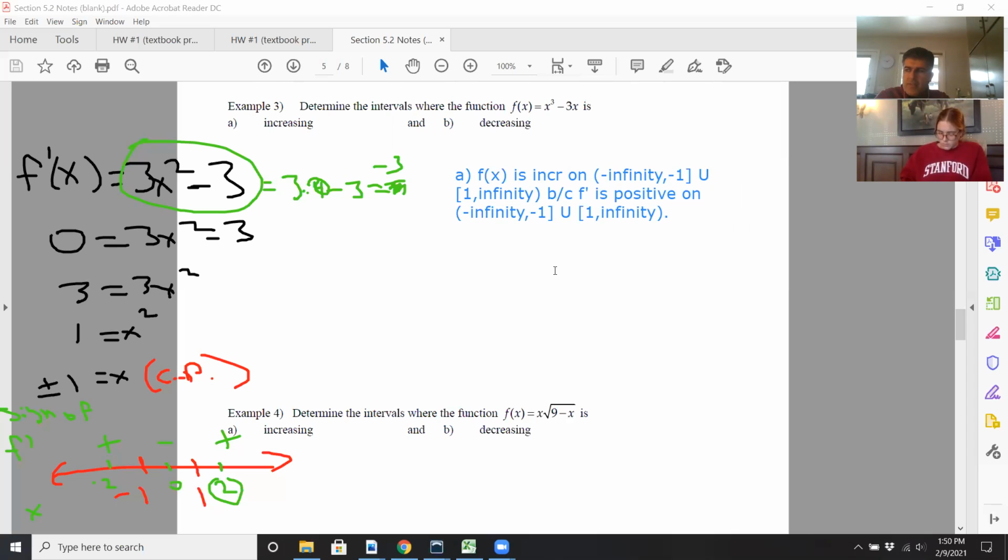Here's what you would say: f of x is increasing on, and you have to give the interval from negative infinity to negative 1, union 1 to infinity, because f prime is positive on the intervals from negative infinity to negative 1, and 1 to infinity. So this is what we call AP style language.